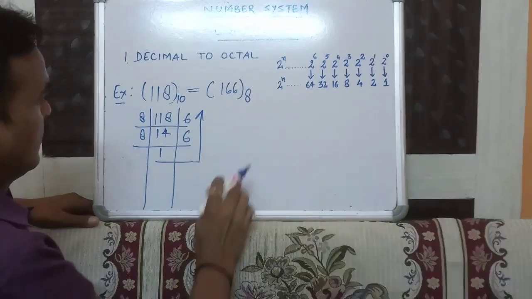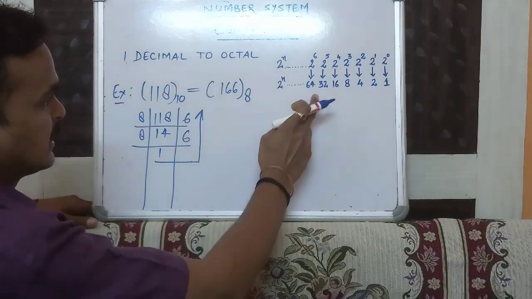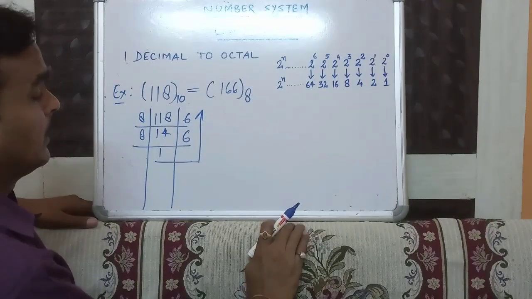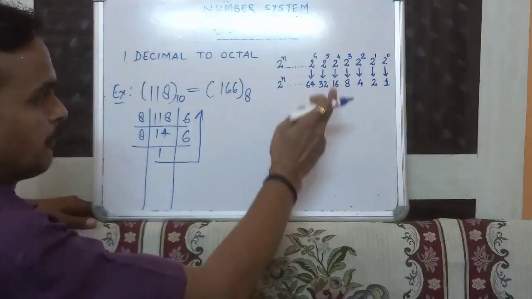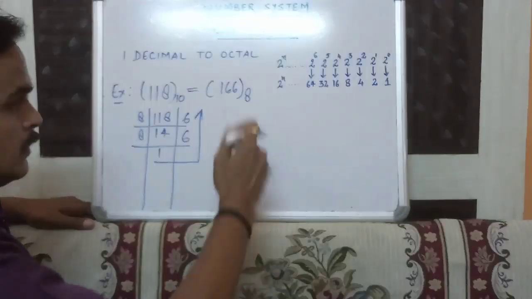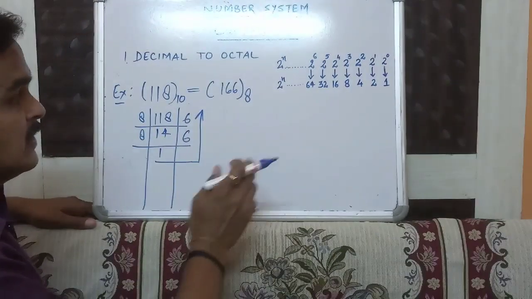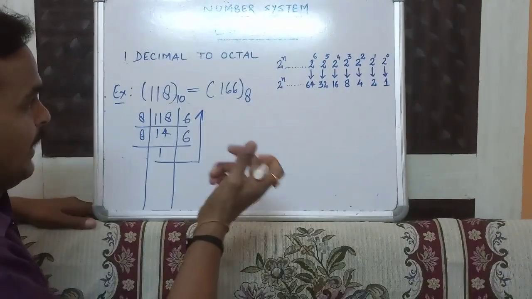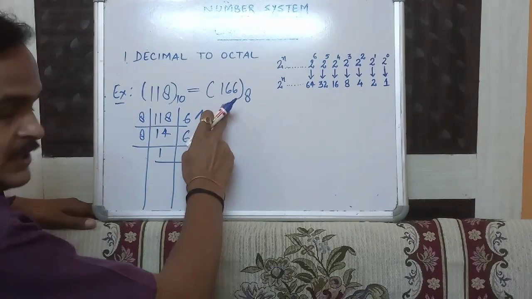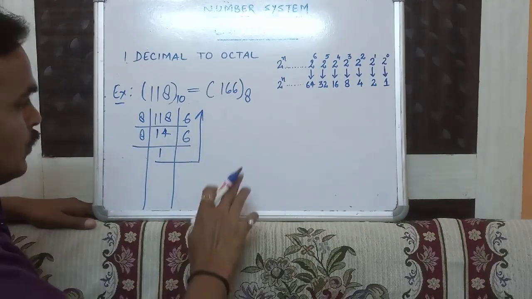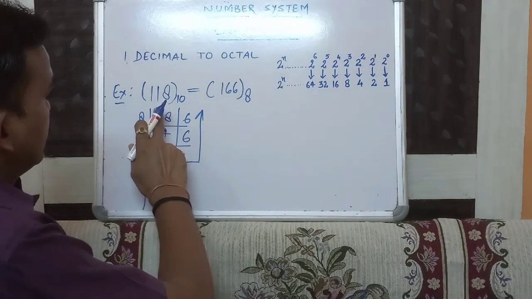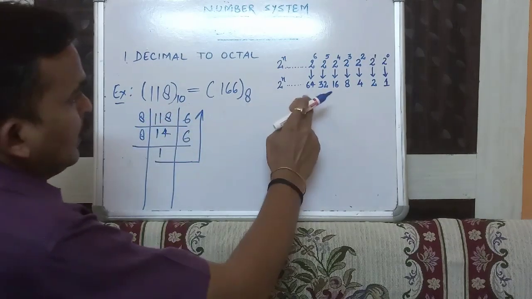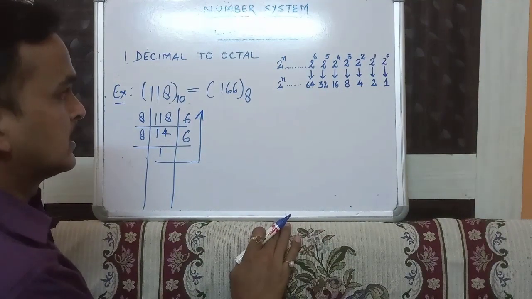Now by using a second method we can get the same value of 118 in a different pattern. That's why we can verify whether the resultant value is accurate or not. We put that value into the series of these numbers.